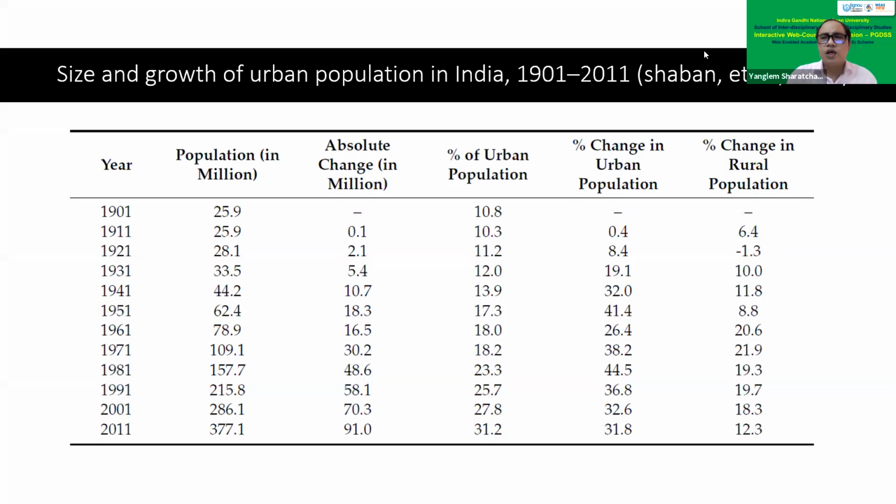If you look at this table, you will find how the urban population is increasing. From 1931 onward, as I told you, the process of urbanization had already begun before independence, and we had already faced challenges in urban areas. So if you look here, from 1931 onward, the percentage of urban population suddenly jumped.